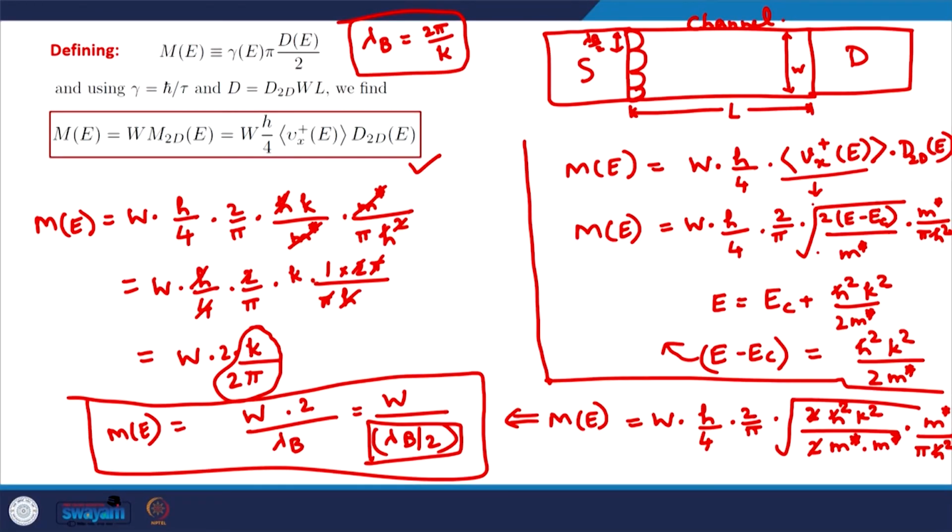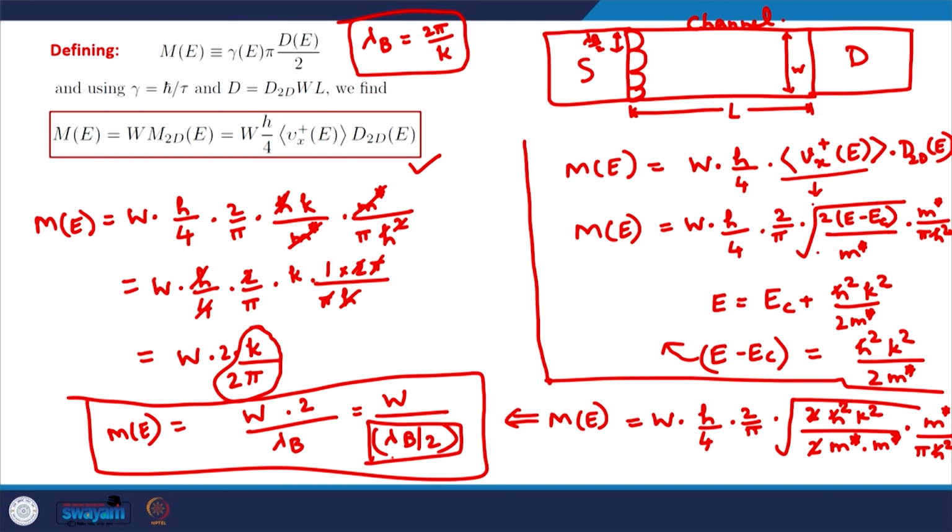So, it is not a point particle, it is like a wave, and in a more classical sense, if we treat the electron classically, it becomes a particle that needs lambda b by 2 space while traveling through the channel. And that is why the number of conduction pathways in the channel is width divided by lambda b by 2 in the case of a 2D channel.